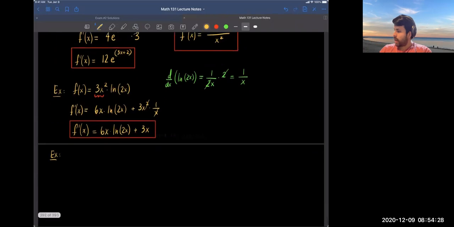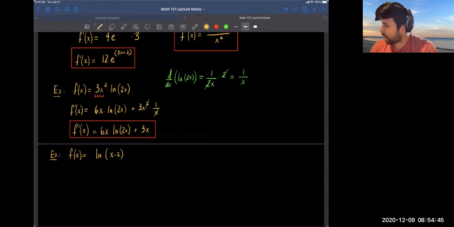Okay, and let's do one more of these. What if I have something like this? What if my function is ln of x minus 2, and this thing is cubed?